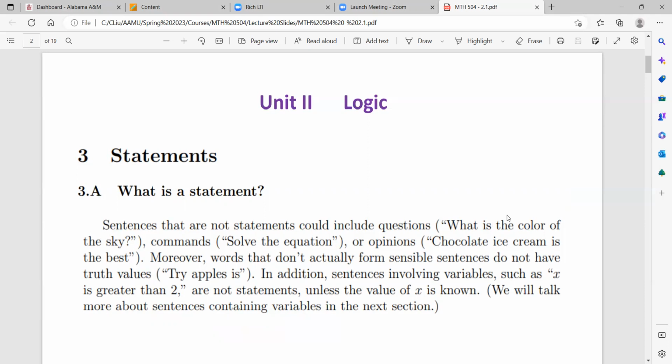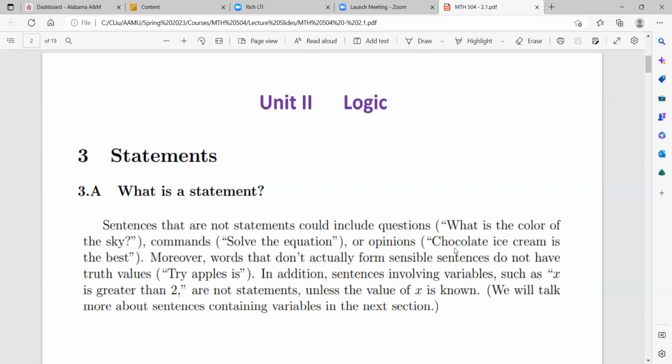It's just a question. It doesn't give you an assertion. You cannot tell whether this sentence is true or false. It's just asking. Or commands: solve the equation. That's not an assertion. Again, you cannot tell whether it's true or not.